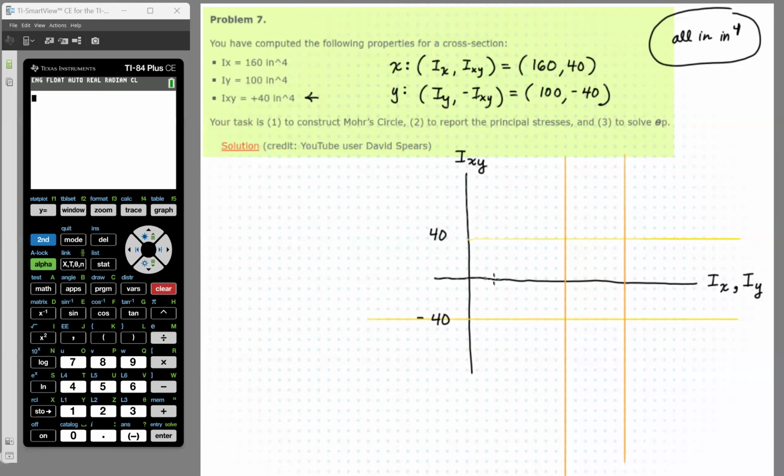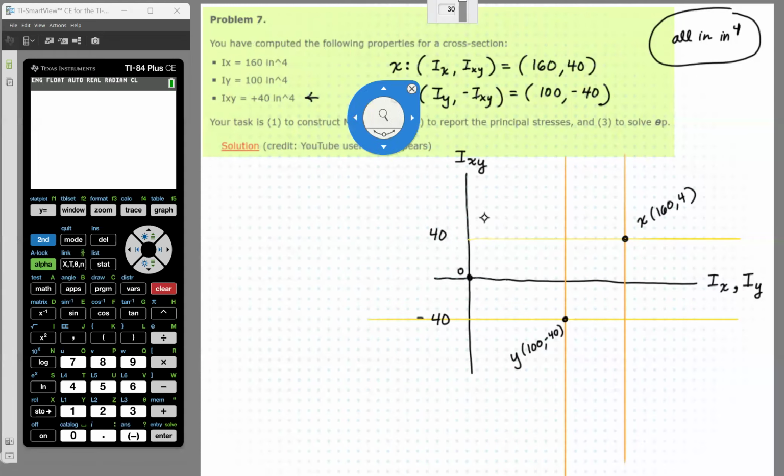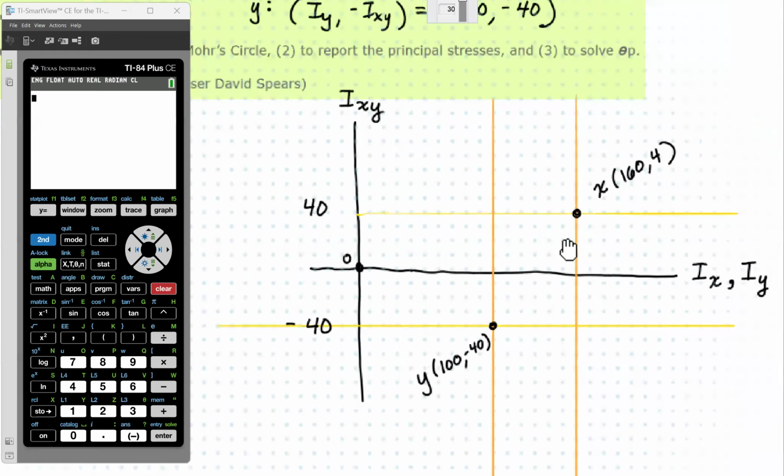So 160, 40, that gets me to x. There's my 0, 0 right there. 100, minus 40 gets me here.